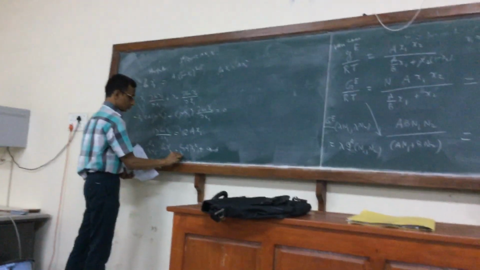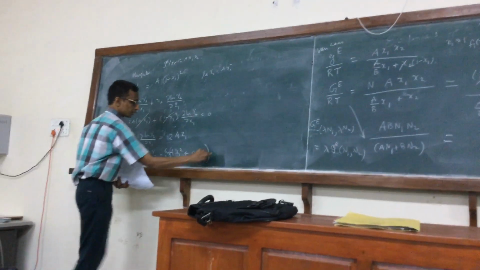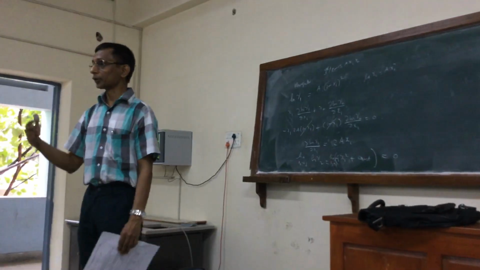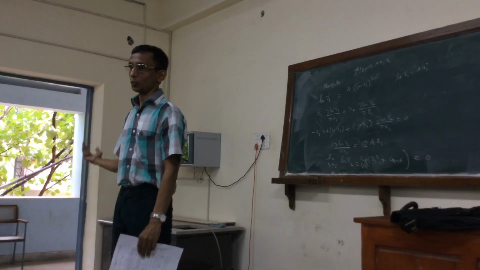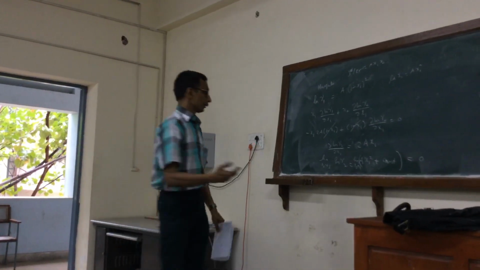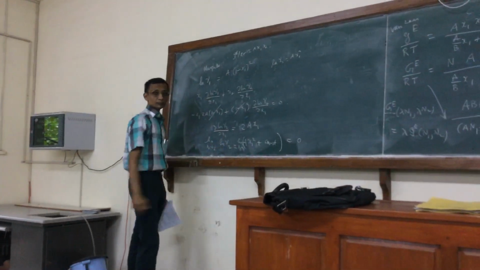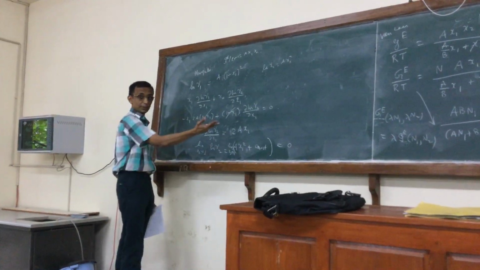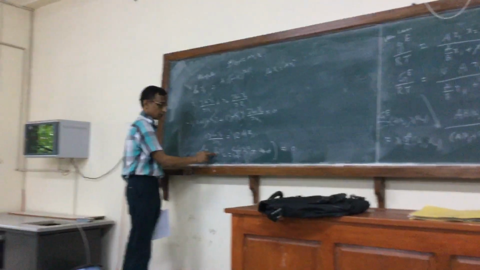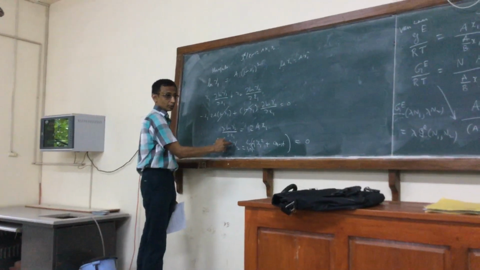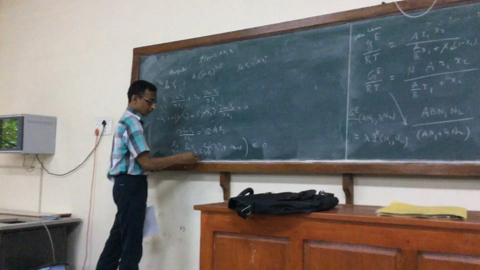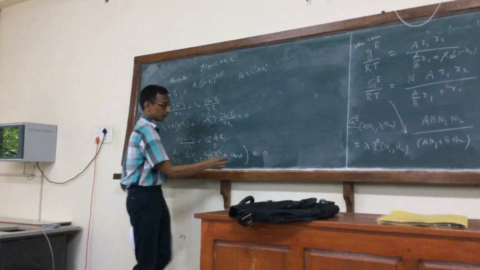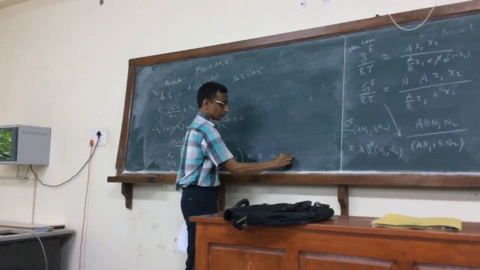If you take the limit as x2 goes to 1, this must actually be 0, because here I'm using the logarithm of gamma 2. Gamma 2 goes to 1 as x2 goes to 1, and then I will get the proper limit. So this has to be equal to 0, because as x2 goes to 1, gamma 2 goes to 1 and log gamma 2 goes to 0. Now if I apply that limit here, x2 goes to 1, x1 goes to 0, this will become 0. And so we see that the constant is actually equal to 0.